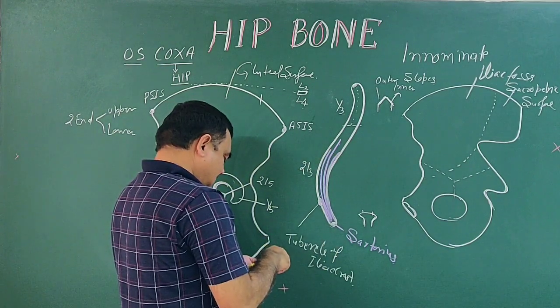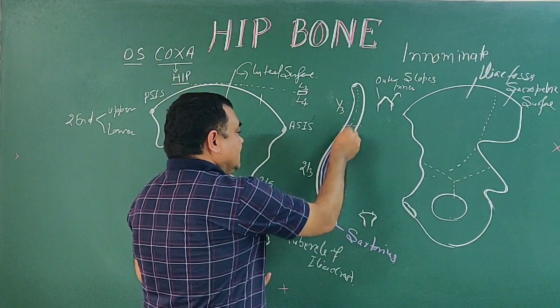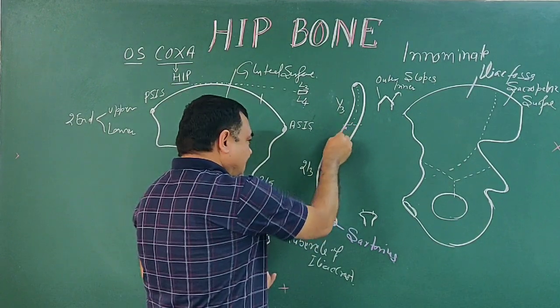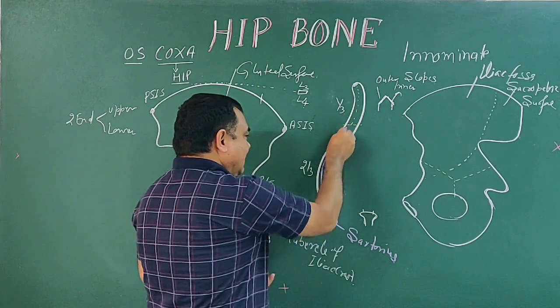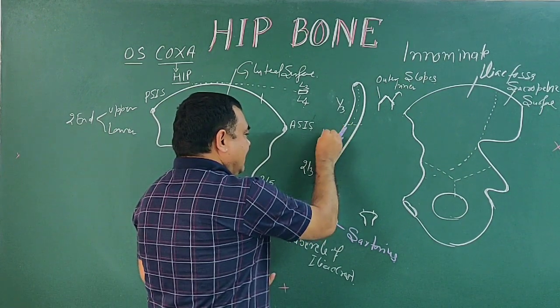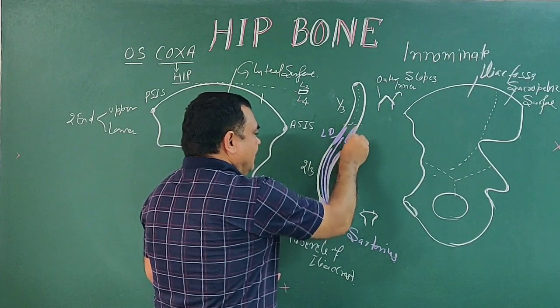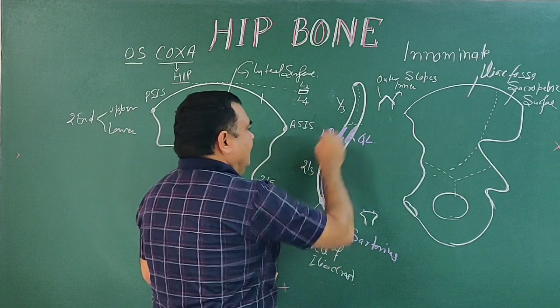And here, guys, is gluteus. Here is latissimus dorsi, this area. And here is quadratus lumborum.